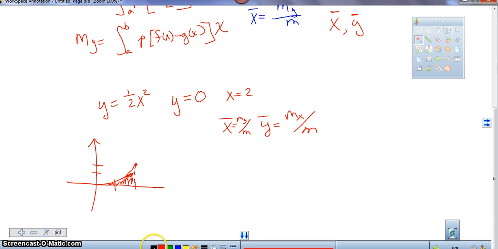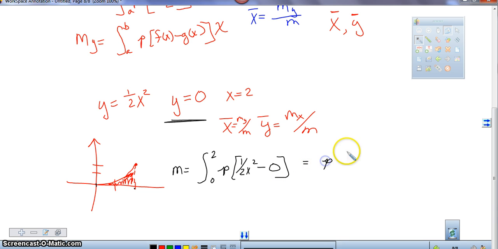So in order to set this up, first thing I do is I find the mass. And so the mass would go from 0 to 2 of rho times the first function, f of x, which would be 1/2 x squared, minus the second function, which was y equals 0, so this one's easy. And then you would integrate that, and I would just move rho in front. Actually, I'd put rho over 2 in front, because of that 1/2 of x squared.